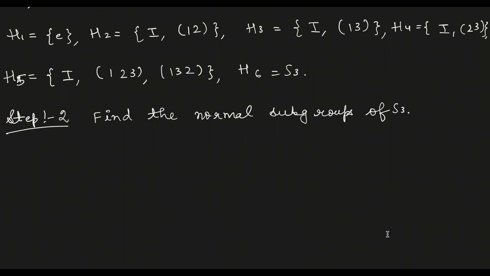A subgroup H of G is normal if for every g belonging to G and h belonging to H, g h g inverse belongs to H.